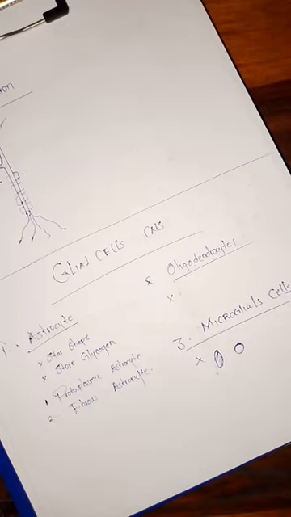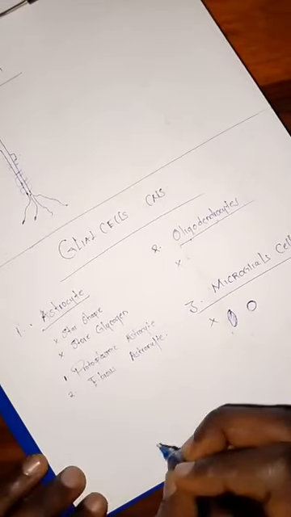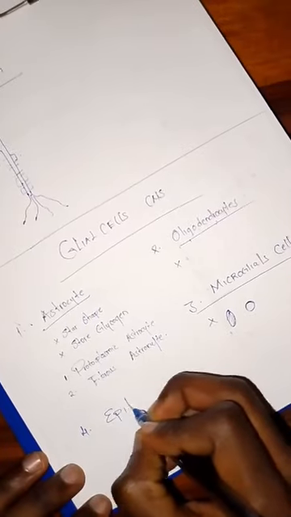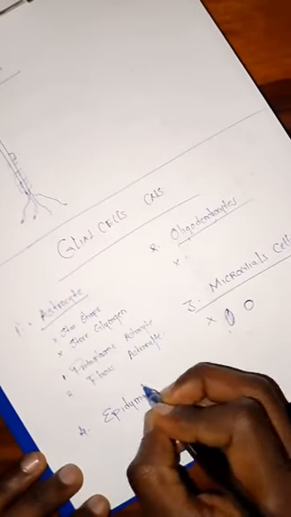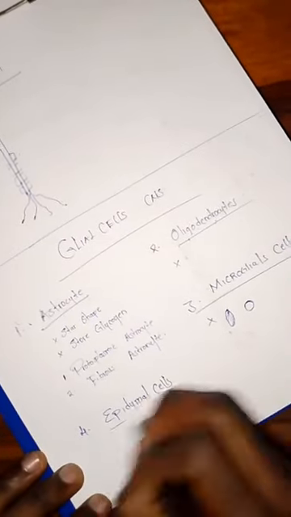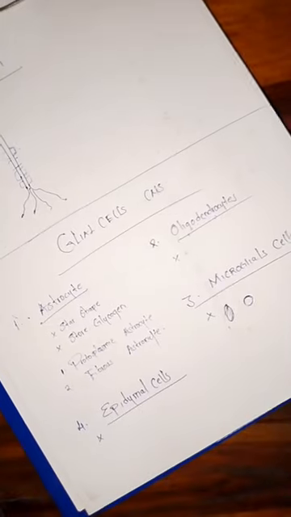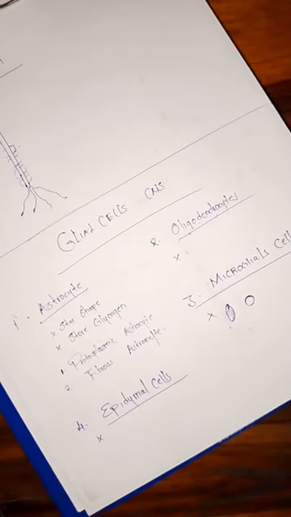Then the other type of glial cells found in the central nervous system, the fourth one, is the ependymal cells. These ependymal cells produce and circulate cerebrospinal fluid.